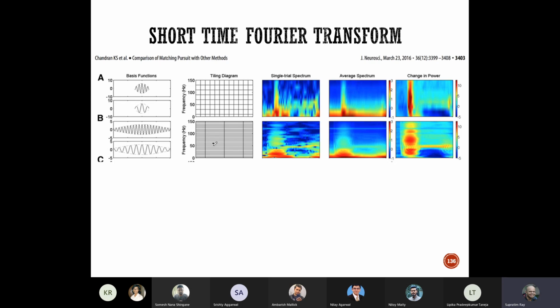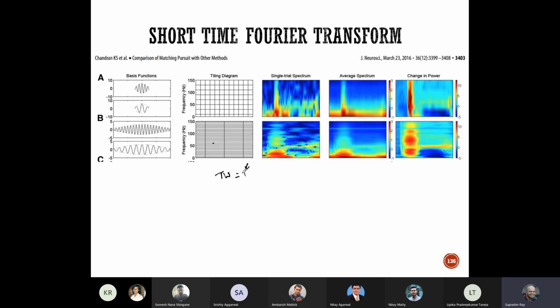But now the question is, is the size of the tile the same or not? And the answer is that it's not, because this tile has TW equal to 1. And for my multi-taper, it is some other number. It is some number that you choose.